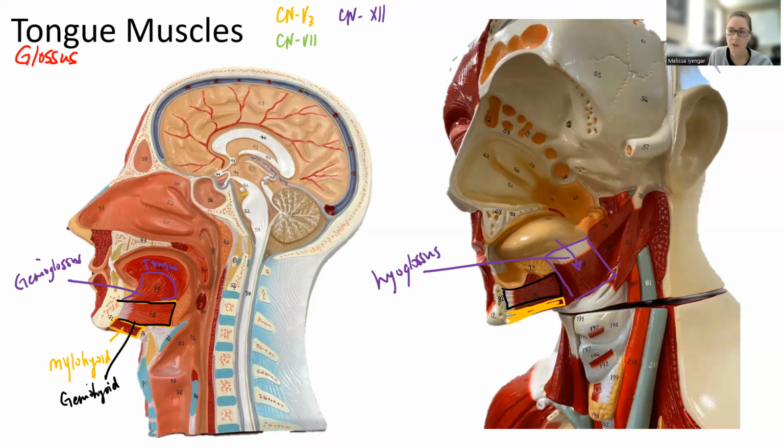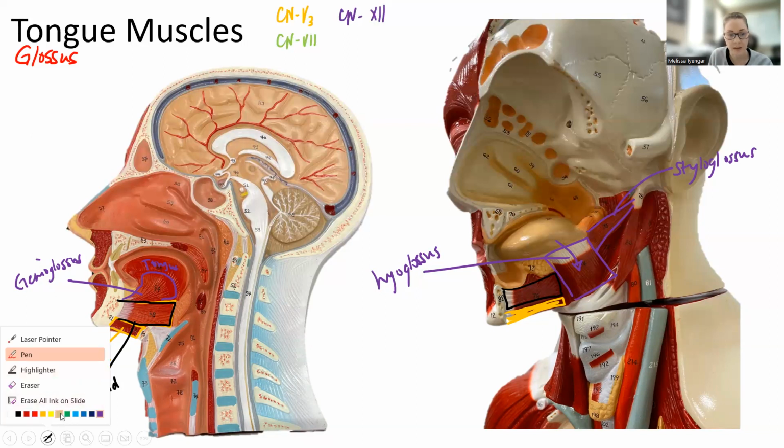And then you have a couple other muscles over here. So one of these is styloglossus. And you might be like, how do you know that? Well, that's the styloid process, and you see how it's going to the tongue. So again, this one helps you retract and elevate the tongue.